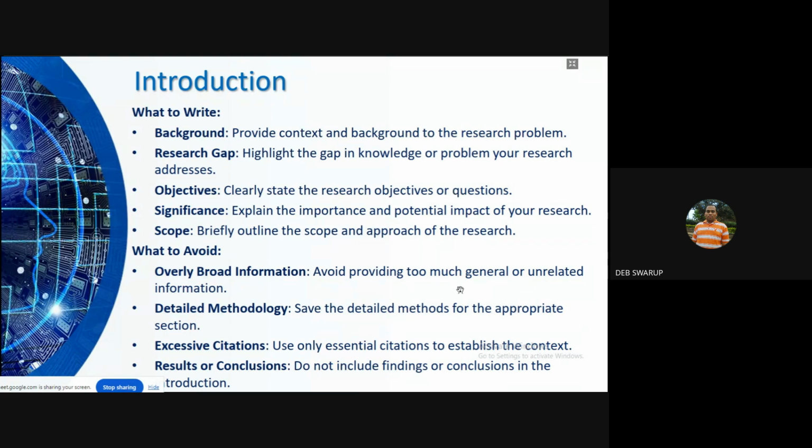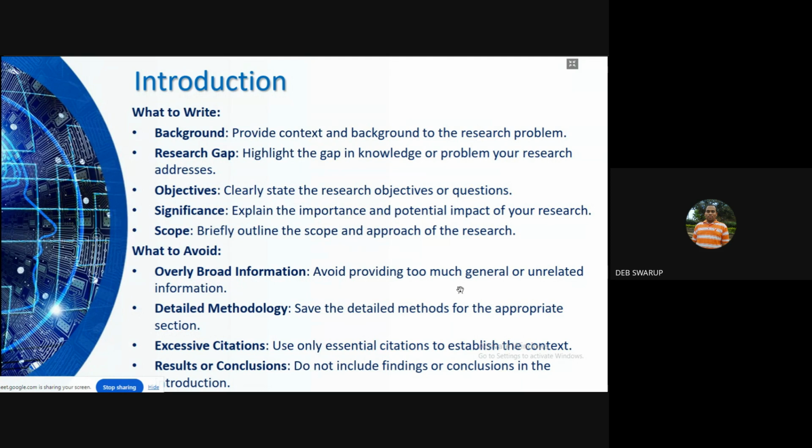So there is no point reading it. By writing a detailed methodology in the introduction, you are making people go away from your paper. They will not read it, and they will not cite it. Clear?